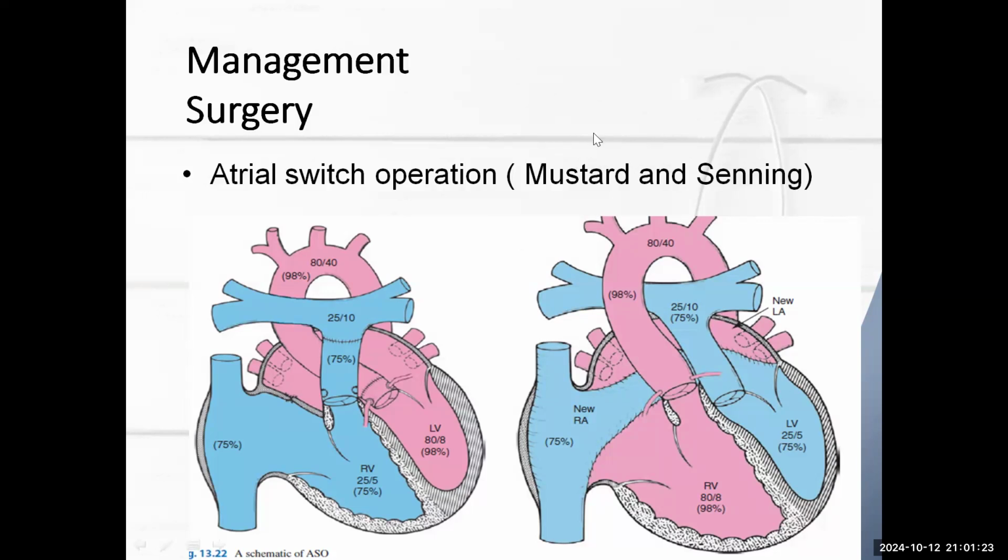Mustard will be done by a pericardial patch. It is the same technique and the same idea, only in how the surgeon makes this baffle: by a pericardial patch, or by making a tunnel from the wall of the atrium itself. Okay?